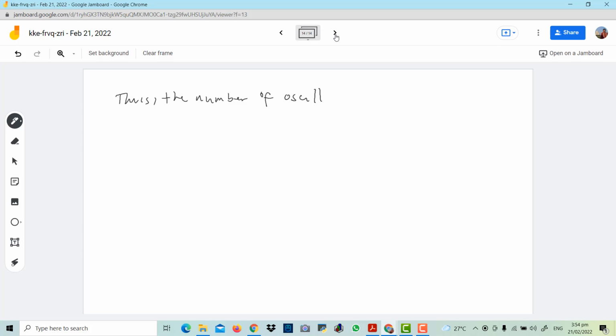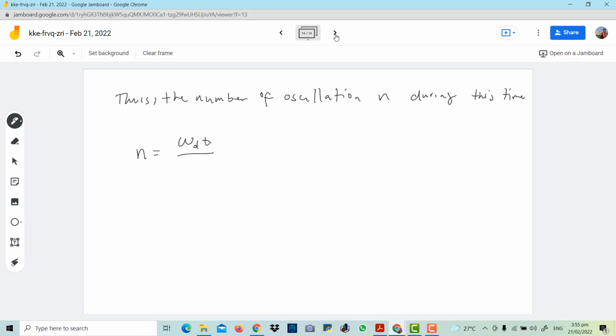I let the number of oscillations be n, not eta, but the normal n, during this time, which is equal to omega d t over 2 pi. Omega d t is just the distance traveled by your oscillation at some time t, over 2 pi, because one oscillation covers a distance equal to 2 pi.